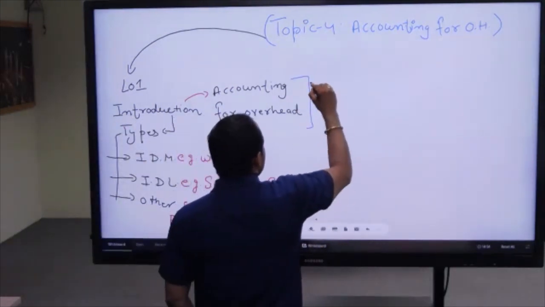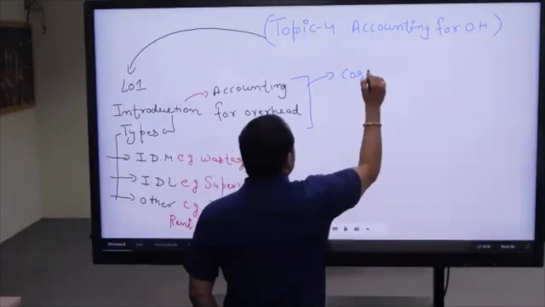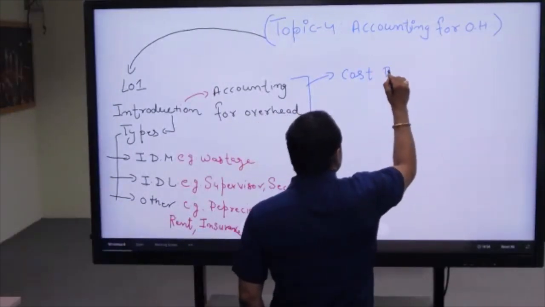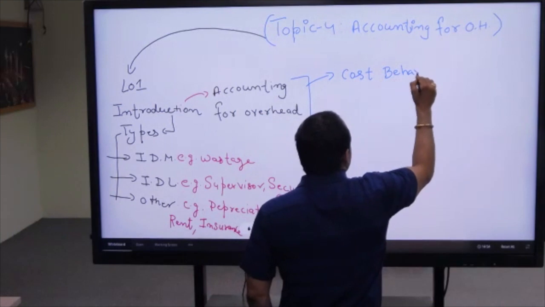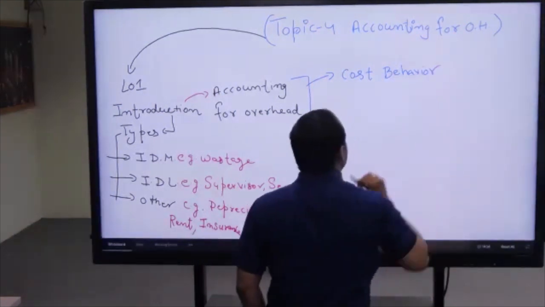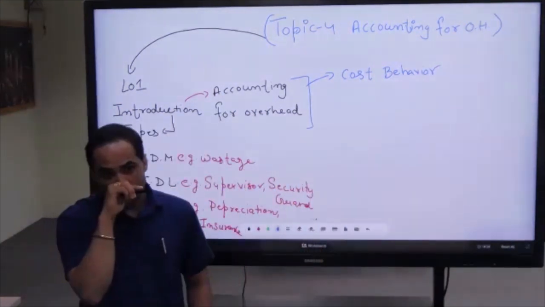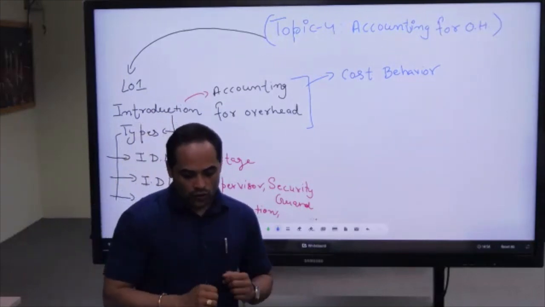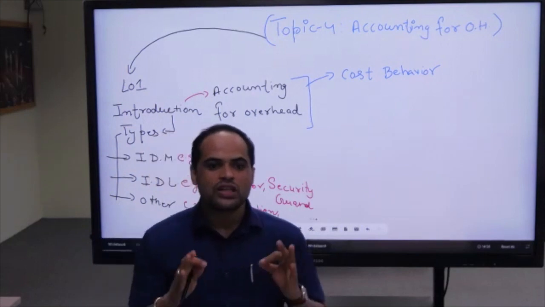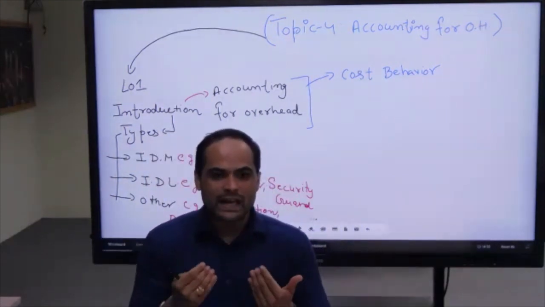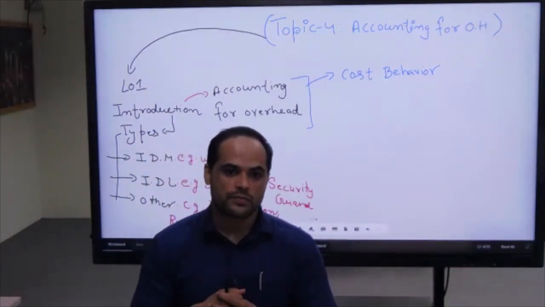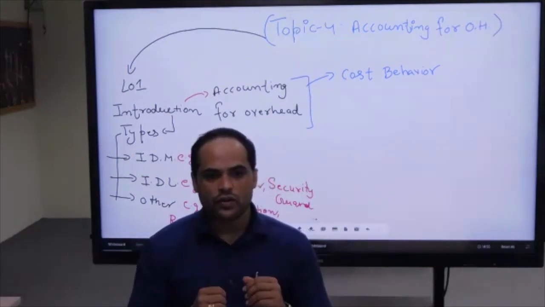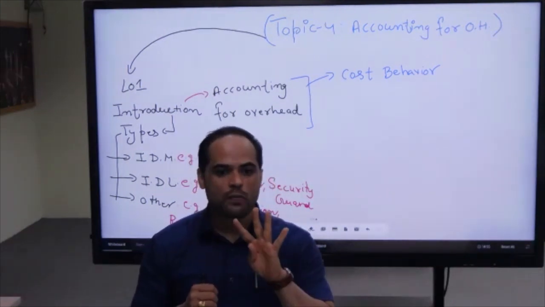First thing we need to identify is cost behavior. Right. Cost behavior or cost classification. If you want to calculate your factory overheads, you need to understand what is the behavior of that particular cost. All right.